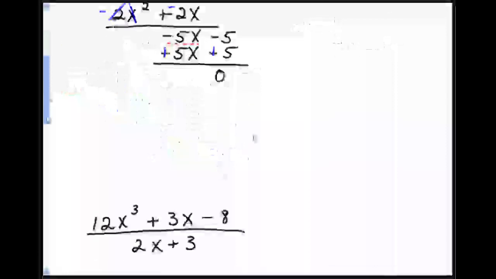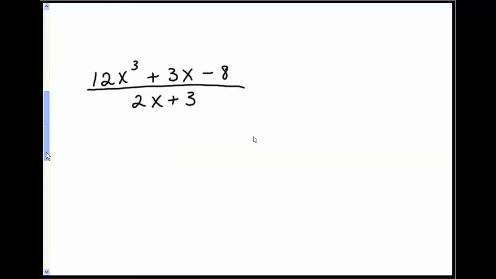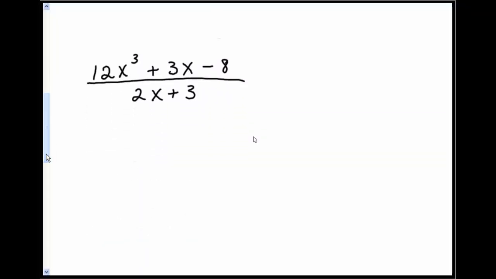Now the next example is going to be slightly different. What's different about this problem is there's no x squared term, which means when we rewrite this problem as long division, we're going to have to use 0 as a placeholder to make room for x squared.